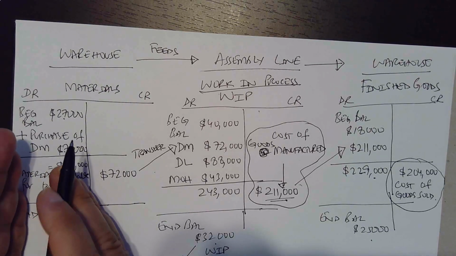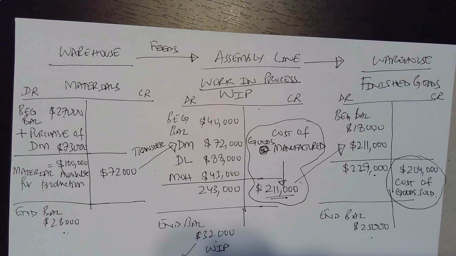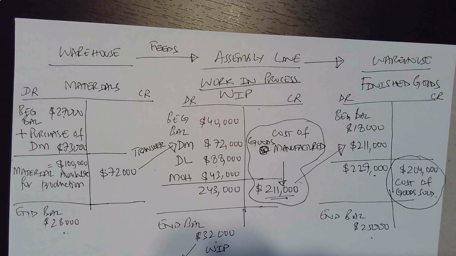These parts go to the assembly line where we assemble these parts with the help of humans. So we have to pay them labor, and we may have some other insignificant things needed in order to assemble these parts, and we call them manufacturing overhead.